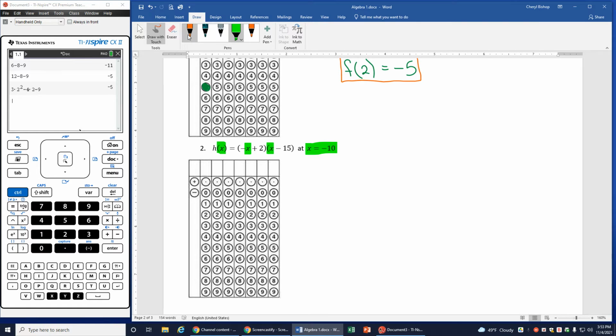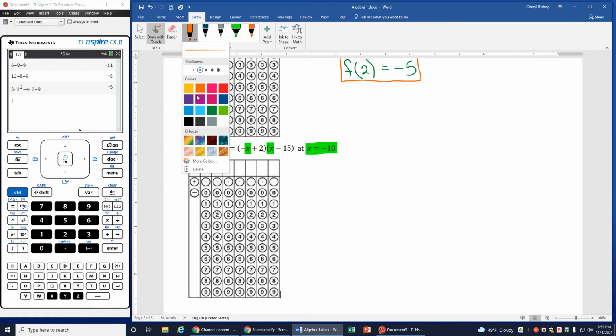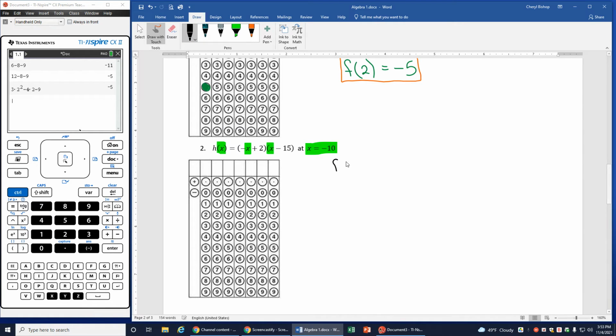Okay, so when I write my equation, I'm going to have an h, which is fine. That just means it's a different name for the function. h of x equals negative, and notice I'm going to put a parentheses where that x is, so when I fill it in, I can make sure I'm applying that negative to what it is, plus 2, close parentheses, open parentheses, a parentheses for that x, minus 15, close parentheses.